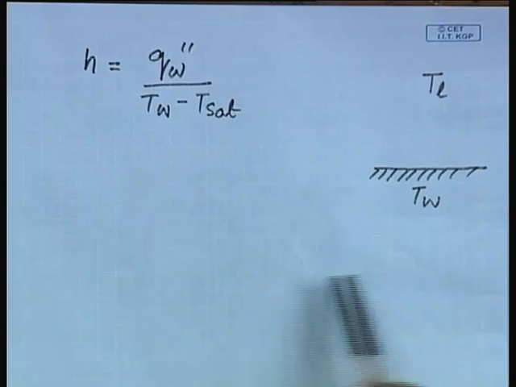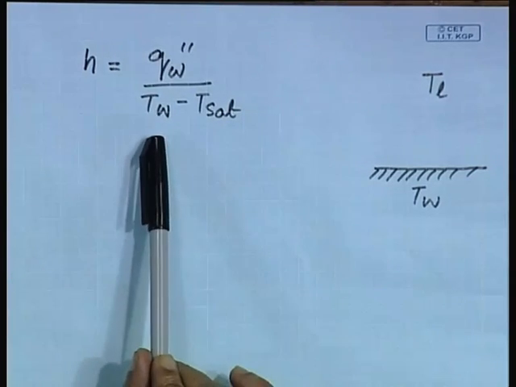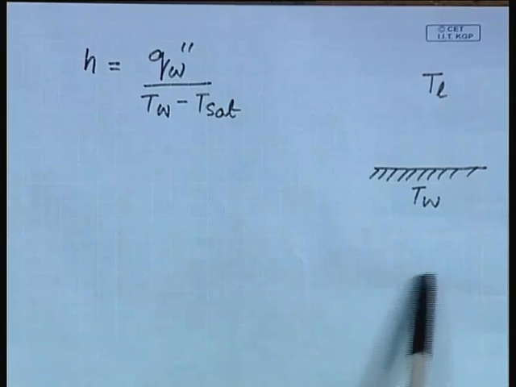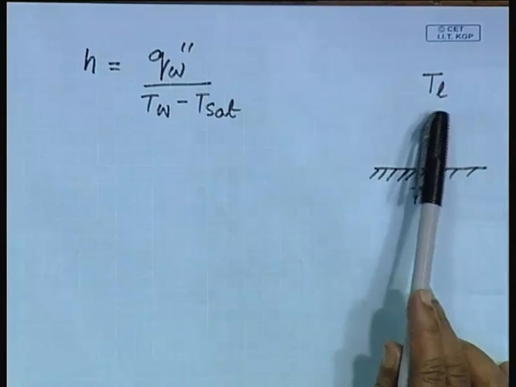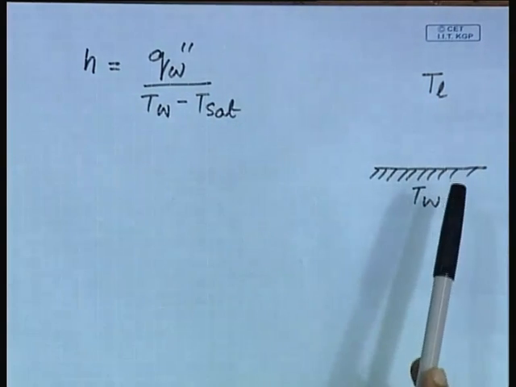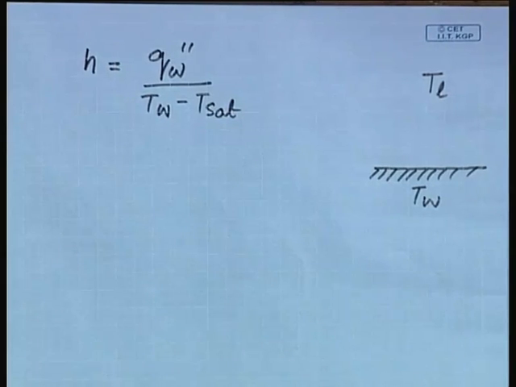Even then, it has been seen that it does not depend much on the degree of subcooling. Rather, if we get a correlation between H and TW minus Tsat for the case of moderate subcooling, it gives a very good correlation. So, it is not that dependent on the actual temperature of the bulk of the fluid, rather it depends on the temperature difference TW minus T saturated.